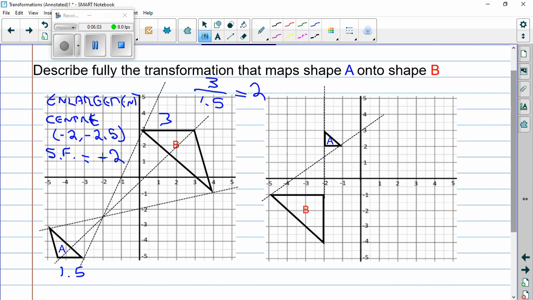Then on the right side, for this one as well, we have an enlargement. We can see that our center is at -2 and 1.5.